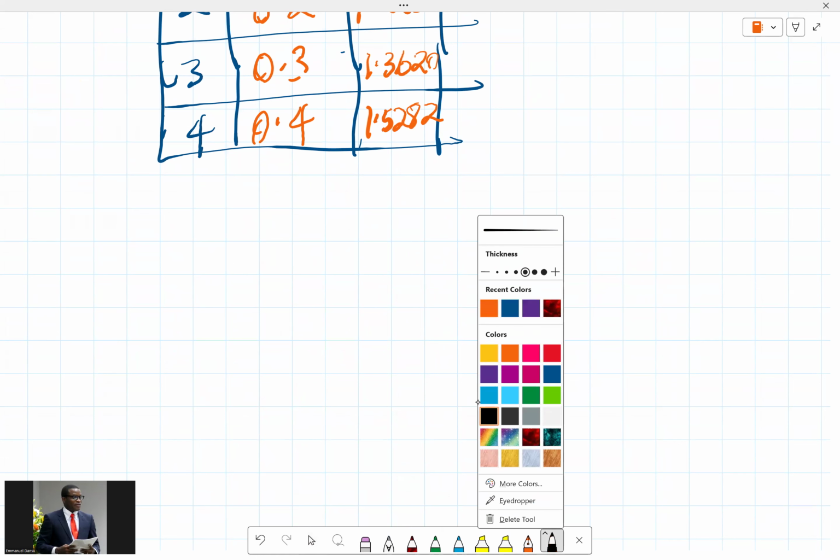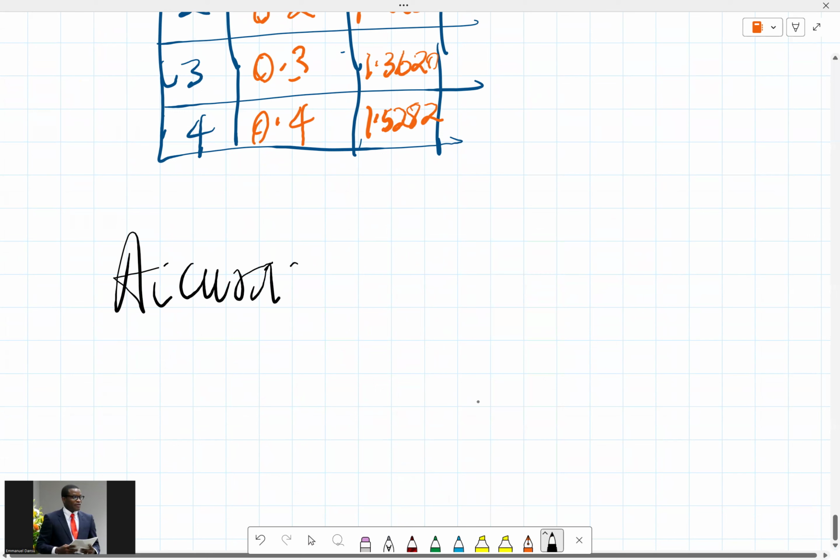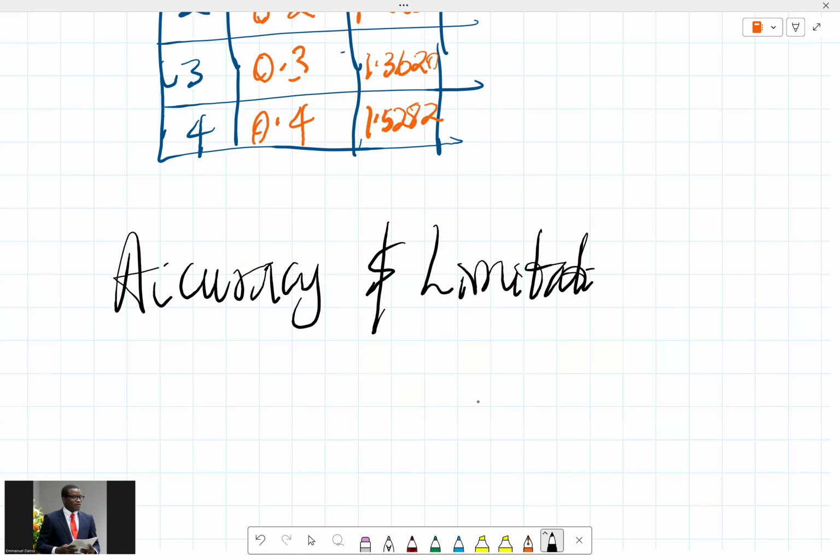Let's look at some issues surrounding accuracy and limitations. Accuracy and limitations of Euler's method.